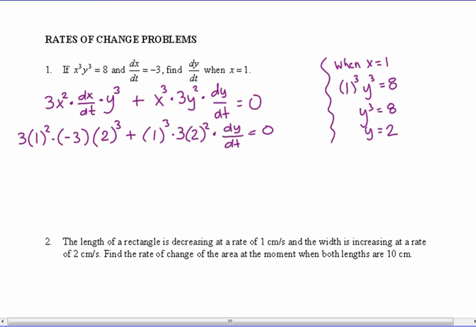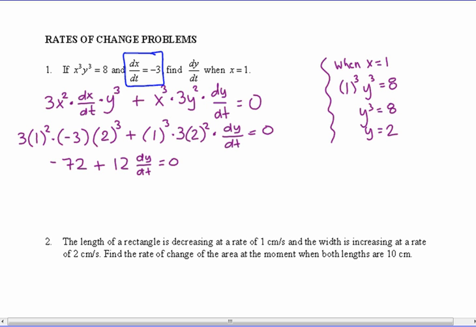So I'm just subbing everything I know. Okay, it's 8 times -9, -72, plus 2 squared is 4 times 3, 12 dy/dt equals 0.